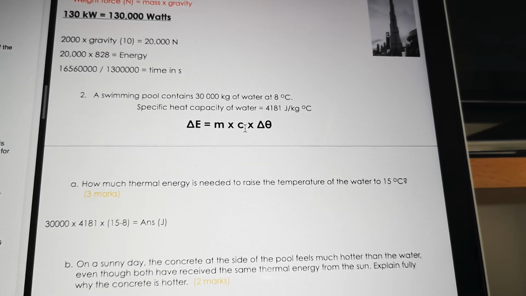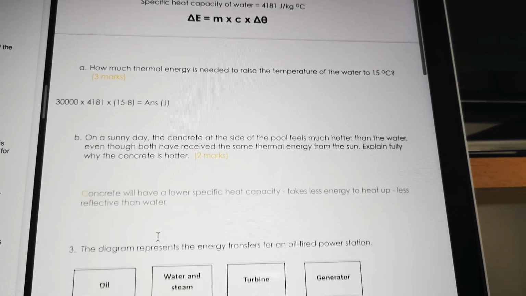You times that by specific heat capacity, which is 4181, and then times that by your change in temperature. And change in temperature, it went from 8 to 15. So that change in temperature is 7 degrees. So 30,000 times 4181 times 7 will give us your answer in joules.